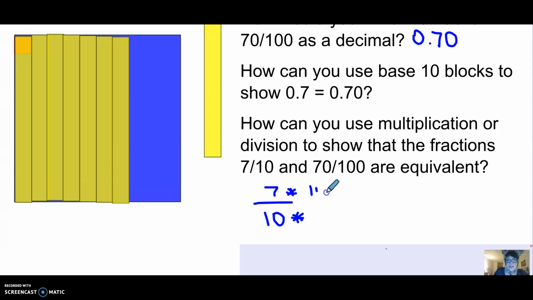So if I did times 10 to my numerator and denominator, 7 times 10 would give me 70, and 10 times 10 would give me 100. So using this multiplication of my numerator and denominator by the same number, I know that 7/10 is equal to 70/100ths.